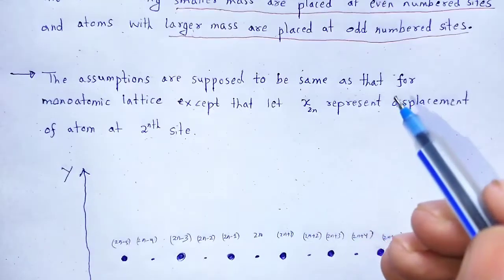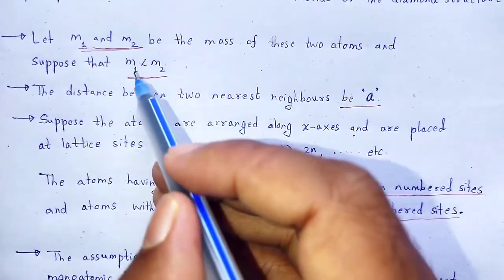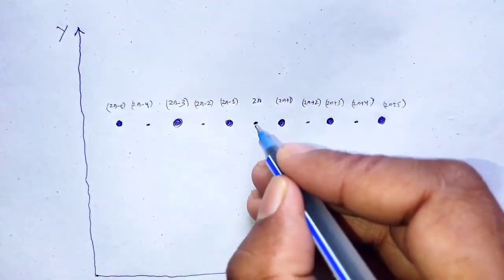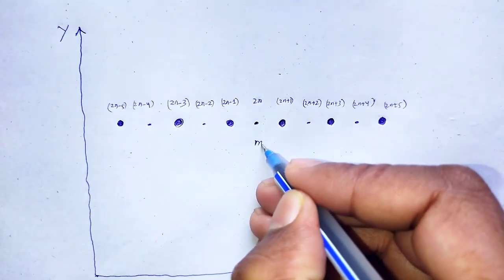The smaller one is M1, that is the smaller one, M1.